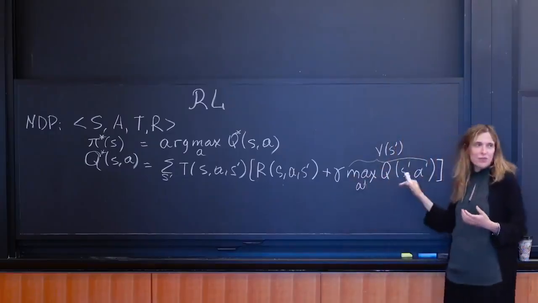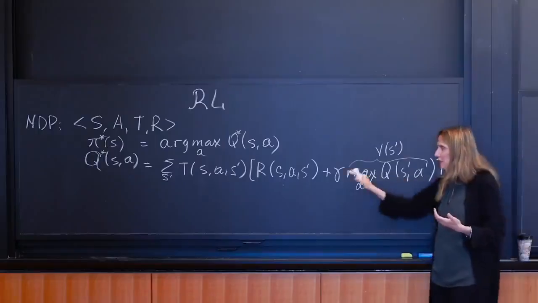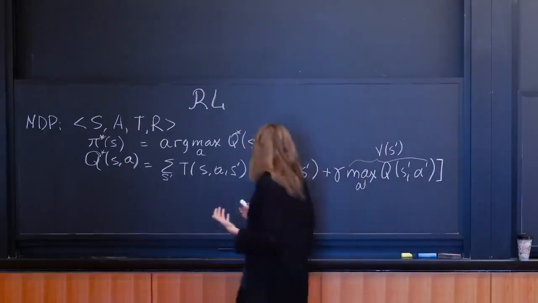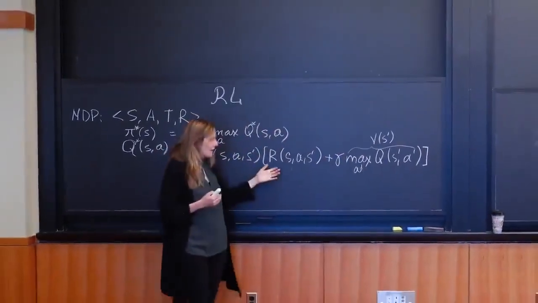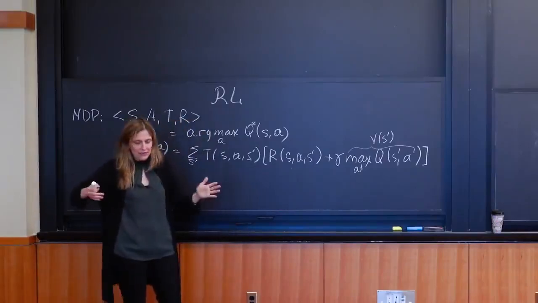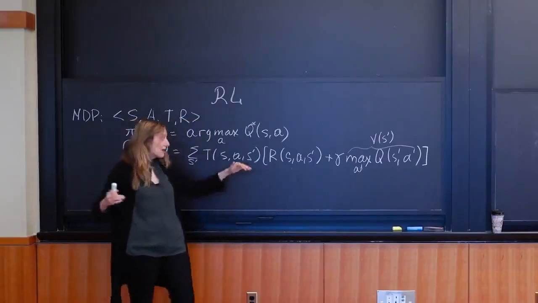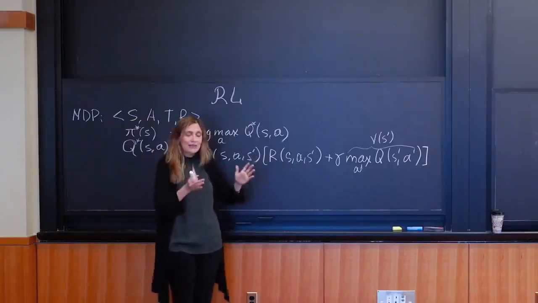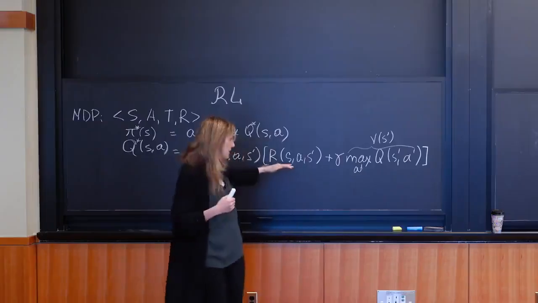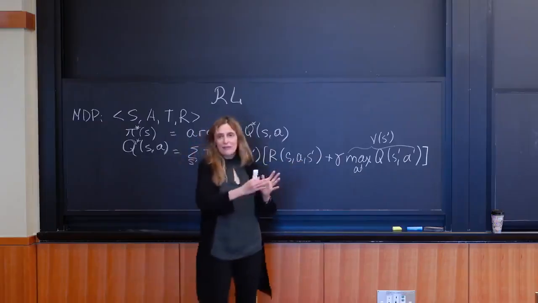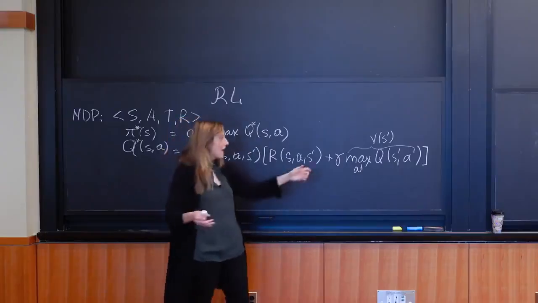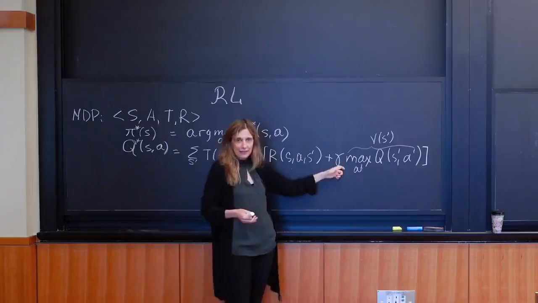The reason I'm writing it more explicitly is just because I want to keep it all in the language of Qs. But again, what this equation encodes is that the best value I can take from this state to the end is divided into two parts. The reward that I get from taking just one step, plus whatever reward I can take from the following step multiplied by the discounting factor.